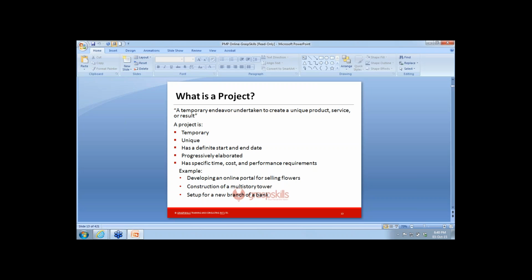The basic, most important guiding factor is that a project has a definite start and an end point. It cannot be indefinite with no end date. That is not a project.